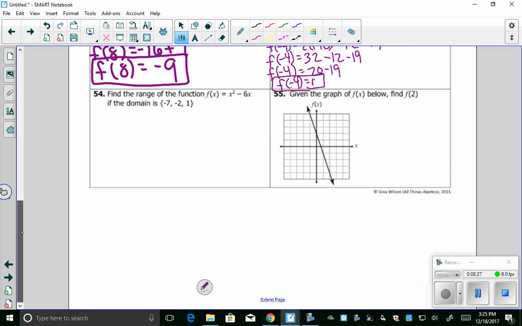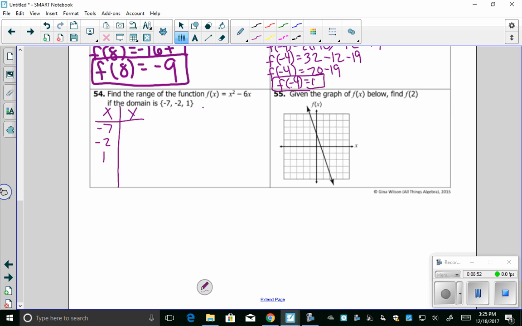Alright. Find the range of the function f of x is equal to x squared minus 6x if the domain is this. The easiest way for me to find the range is if I make a table where this is my x and this is my y. If the domain is -7, -2, and 1, you're going to plug those into the x part of your chart.